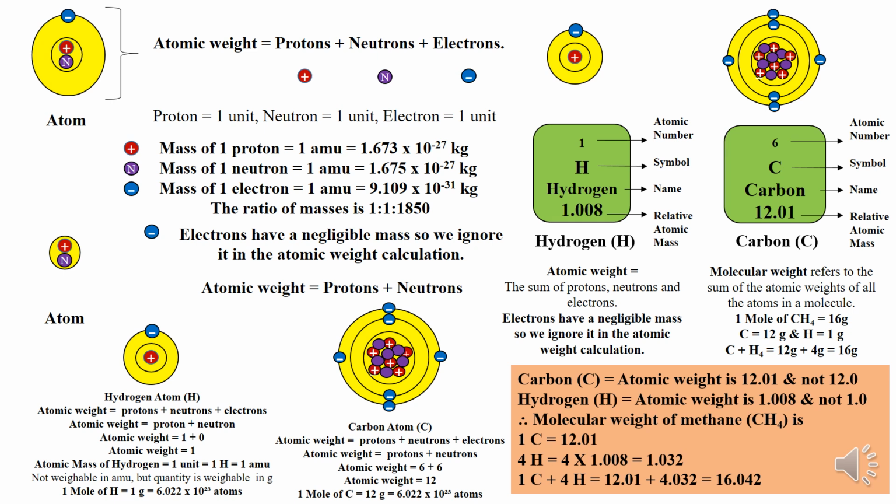So when you are trying to calculate the atomic weight, you have to consider the average atomic mass of all the naturally occurring isotopes of the respective element in the periodic table. And when you are trying to calculate the molecular weight of a particular molecule, you have to take into consideration their relative atomic mass and not the atomic weight.